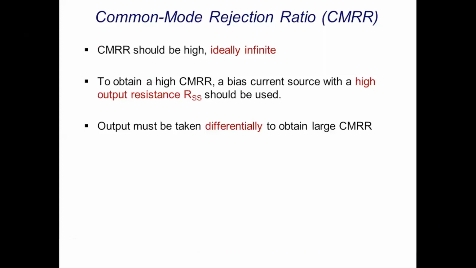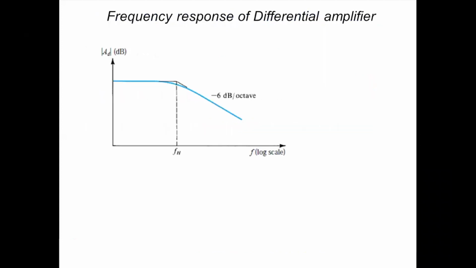Next, we'll discuss the frequency response of the differential amplifier. I hope you remember the frequency response of the other amplifiers we learned earlier, like common emitter, common collector, and common source amplifiers. If you compare them, you can observe that in the frequency response of a differential amplifier, there is no lower cutoff frequency.